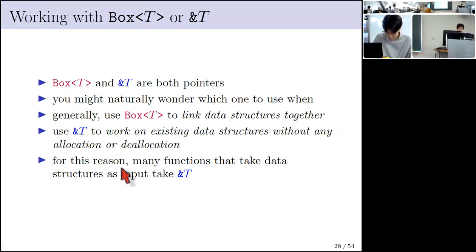For that reason, if you just want to write a function that works on existing data structures and does not deallocate the data structure, you typically take &T rather than Box T.